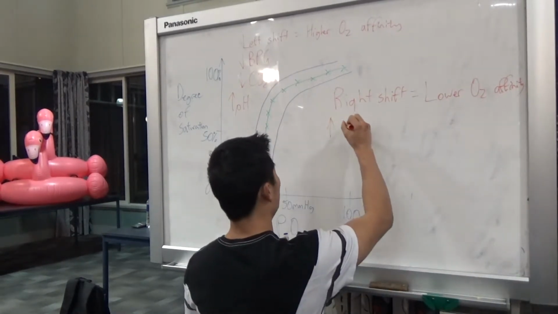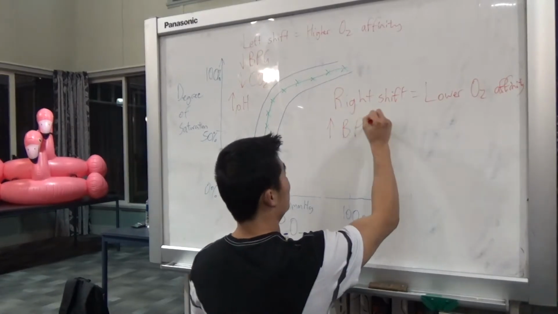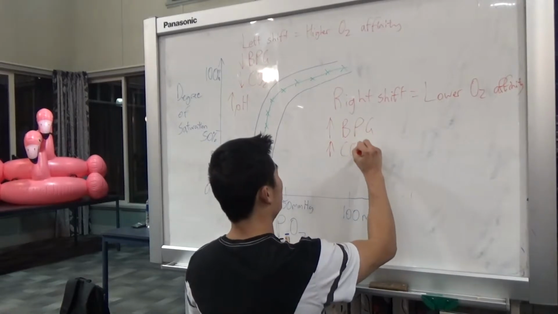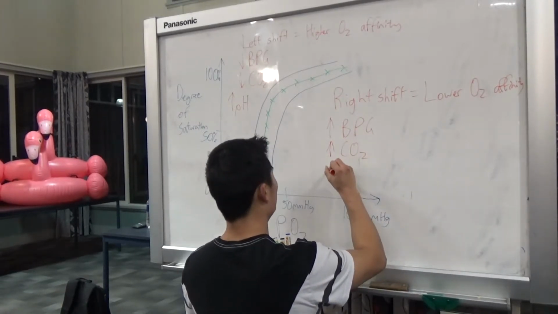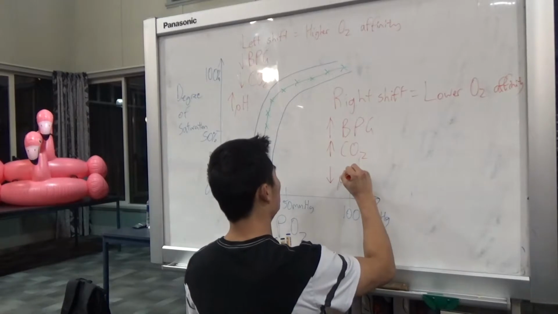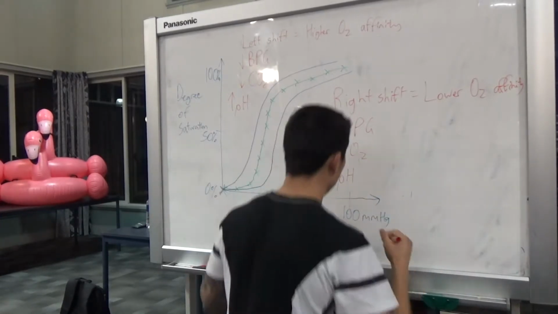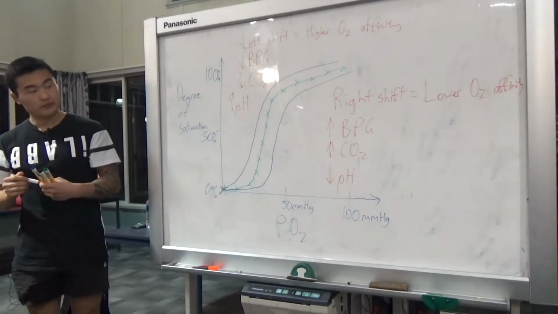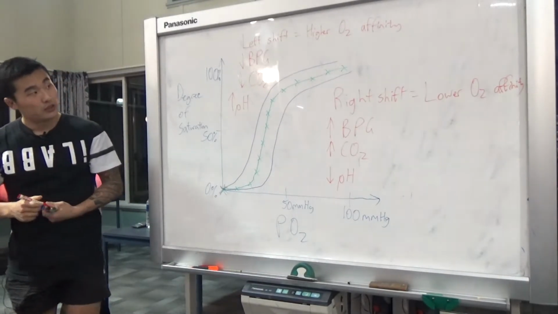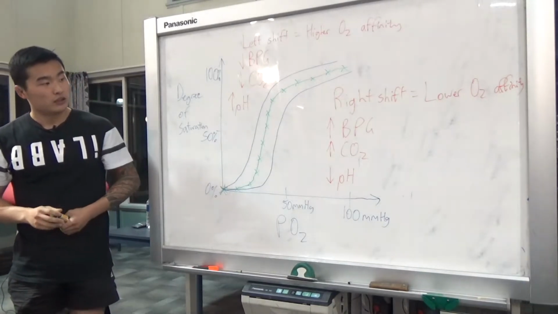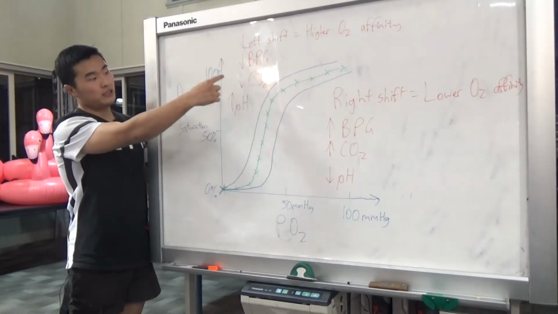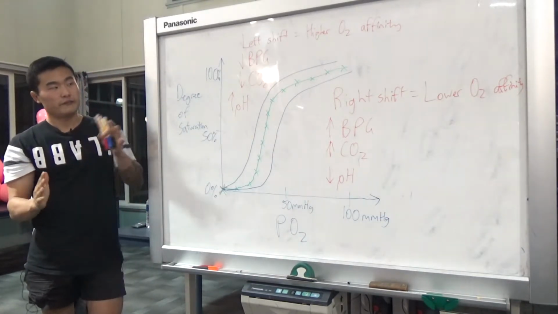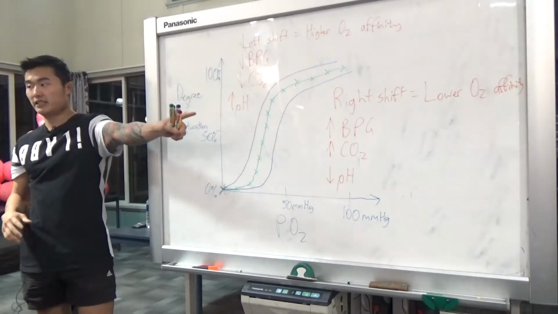So you're going to have increased levels of BPG, increased levels of CO2, and a lower pH, which means that it's more acidic. Okay. So I want you to remember these conditions, the factors that are going into the left shift and the right shift.